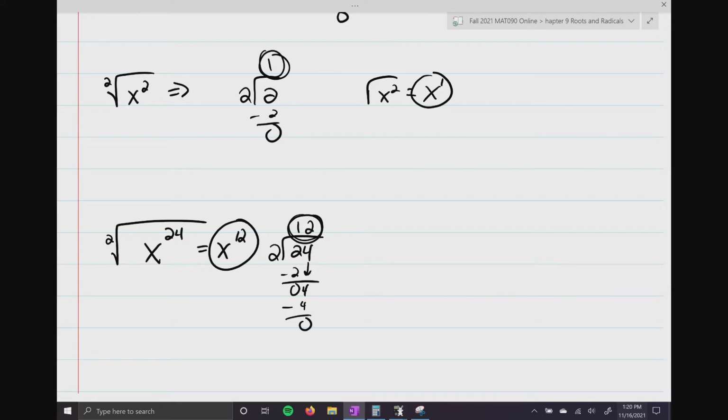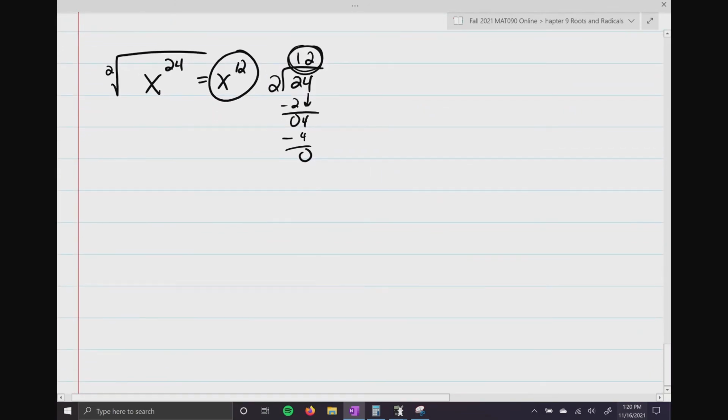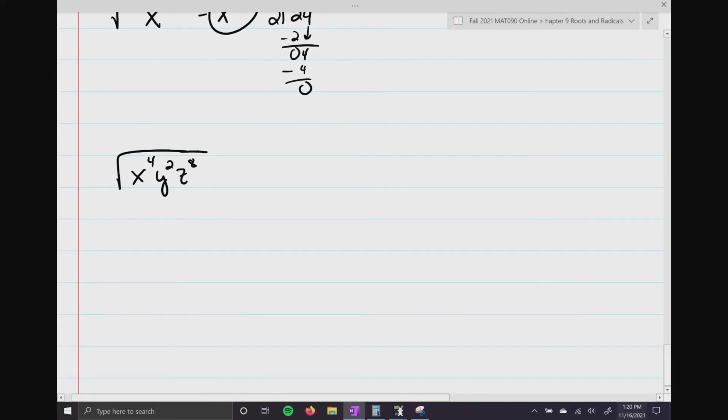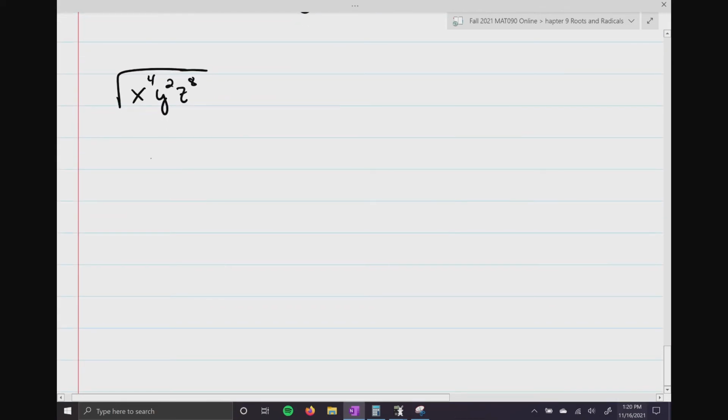Now, this doesn't just apply to one variable. This will apply to multiple variables underneath the radical. The only thing you have to do is, if you want to, you can come underneath and say, okay, we're going to do the x first. 2 goes into 4 twice. So I have 2 x's.